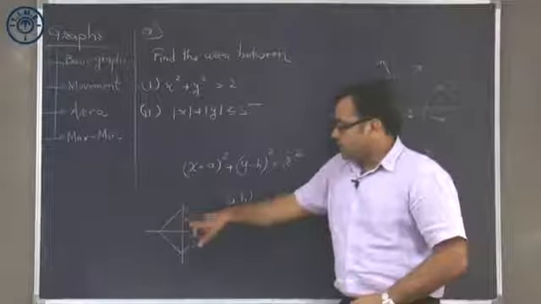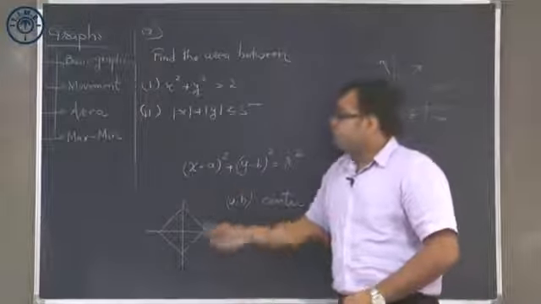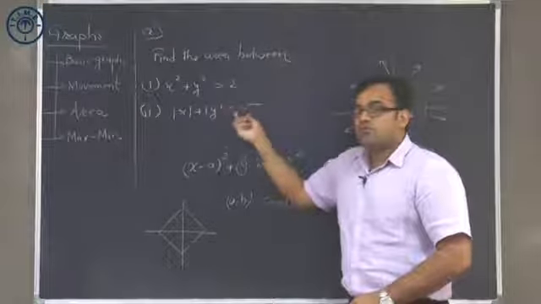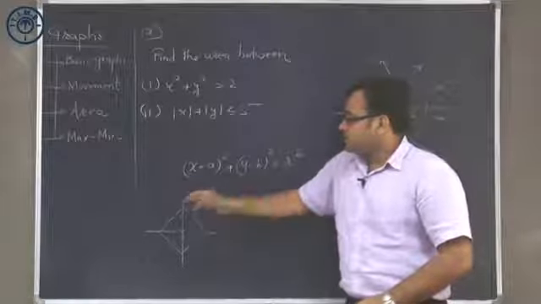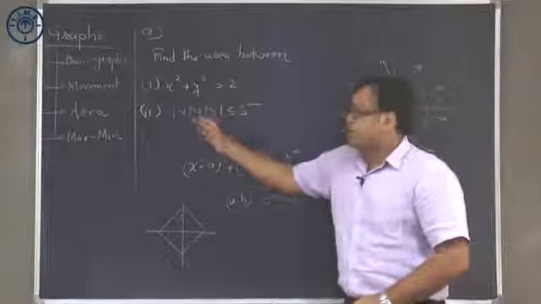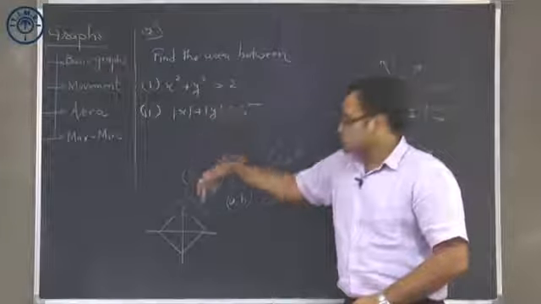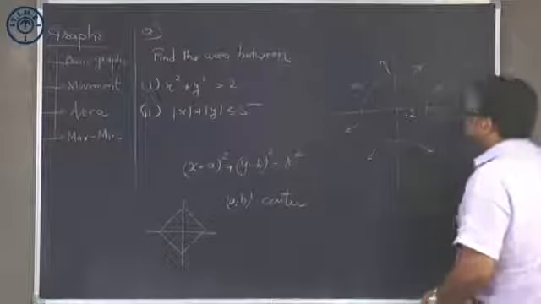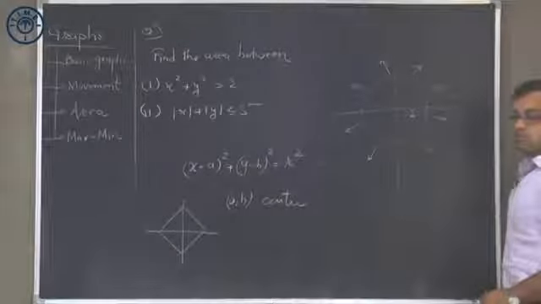If this is equal to k, this distance will be equal to k. So for example, if x equals 0, mod of y is equal to 5. If mod of y is equal to 5, that means that y is equal to plus 5 or minus 5. Similarly for x, if y equals 0, mod of x equals 5, so x equals plus 5 and minus 5.